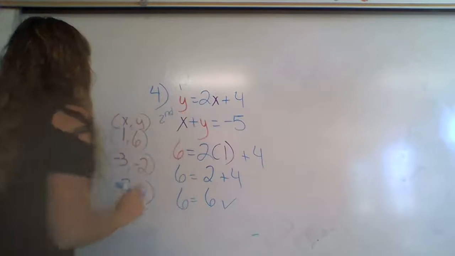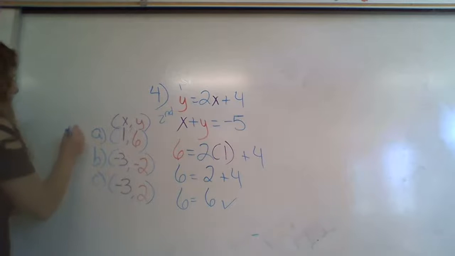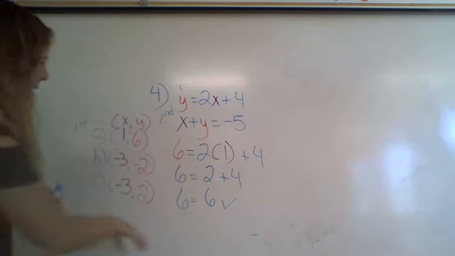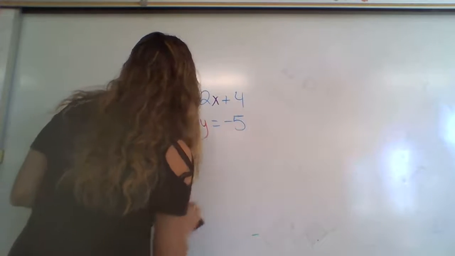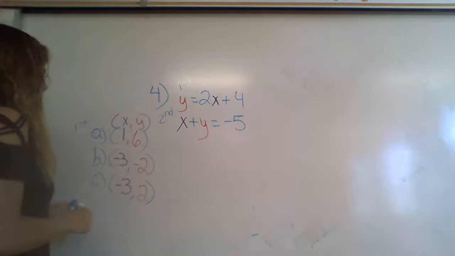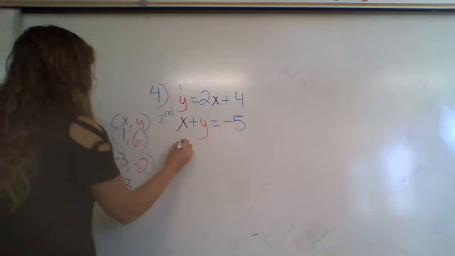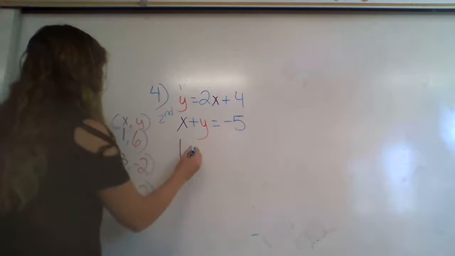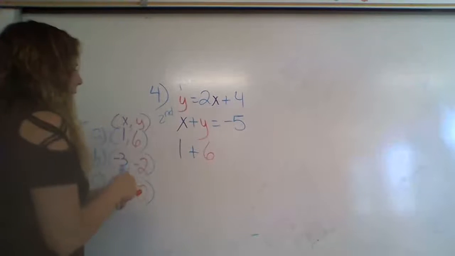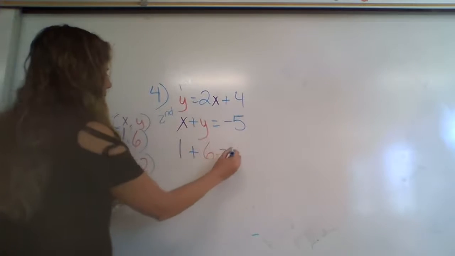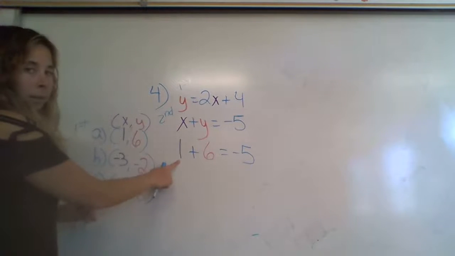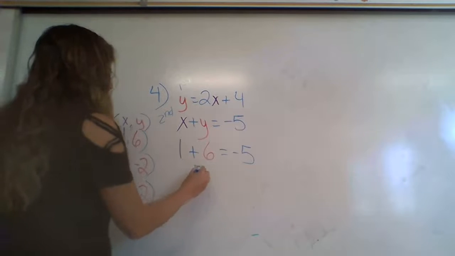So A works for the first equation. Does it work for the second? Let's find out. So you have x plus y equals -5. So go ahead and substitute in. X is 1, y is 6, and then make sure you're just rewriting everything else. 1 plus 6, 7.